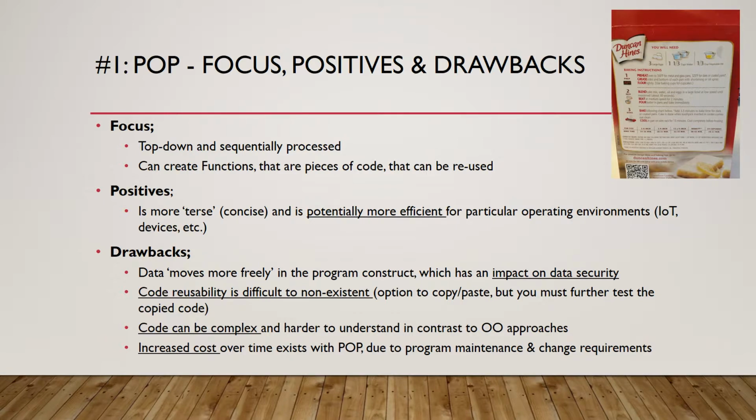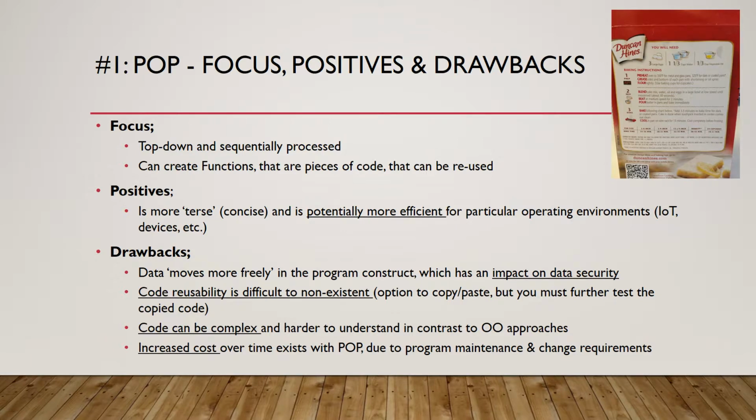But even if you're calling a function in from a library, you still need to test it thoroughly, and the demands on testing might not be as rigorous to some regard in OOP with some of the external objects. Now, code can be a lot more complex in a procedural-oriented language in contrast to object-oriented.